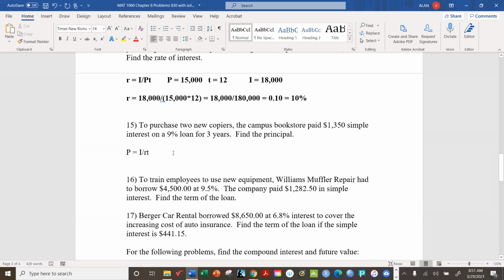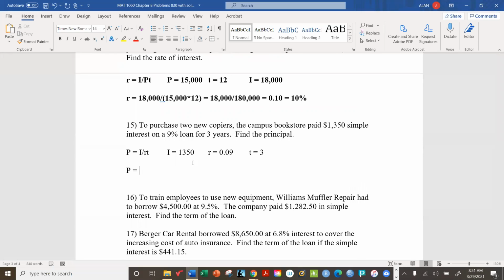Okay, so what do we know? The principal is what we're looking for. So I equals 1350. The rate is 9. The time is 3. So we have 1350 over the product of 0.09 times 3, or 1350 over 0.27.